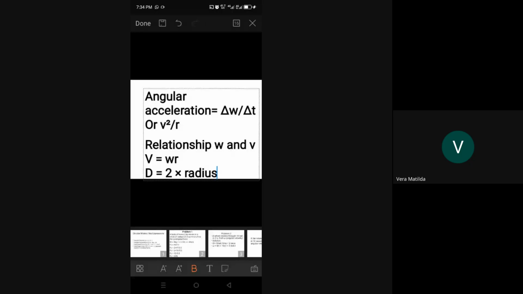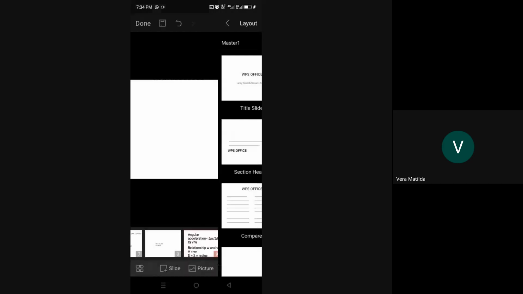Okay, so let's continue. A body of mass 5 kg moves in a circle of radius 2 meters at 5 meters per second. Calculate. Okay, let me write the question here.